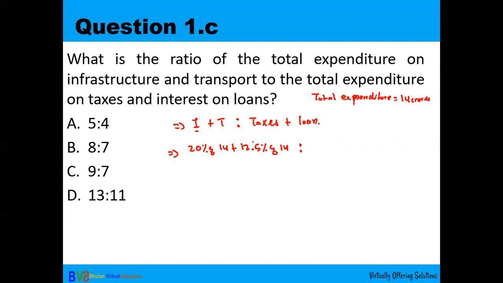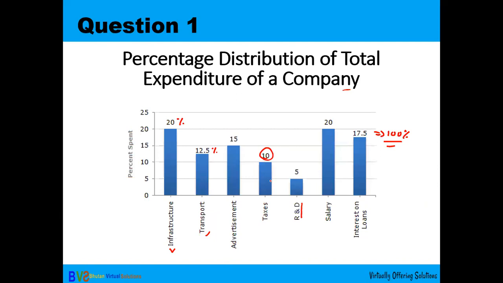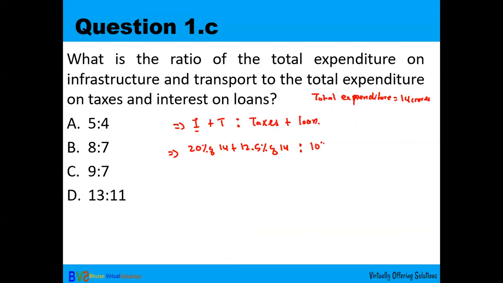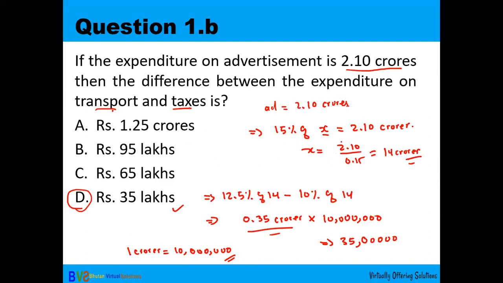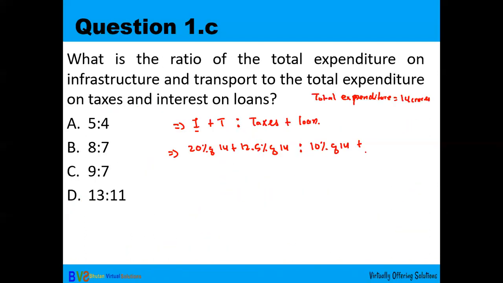Then the taxes, 10% of 14, plus loan, which was 17.5, 17.5% of 14. When you solve this it will take too long, but you can still do this method.